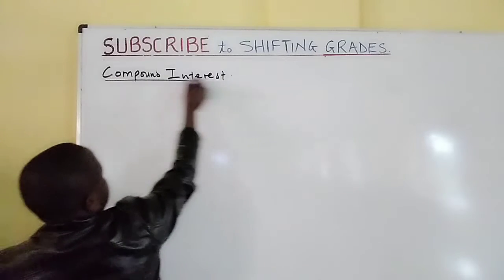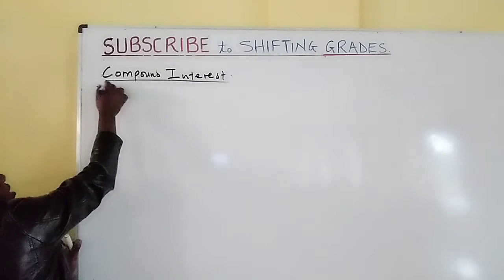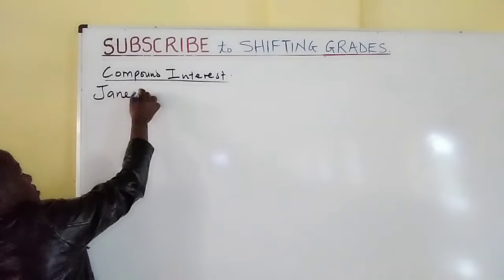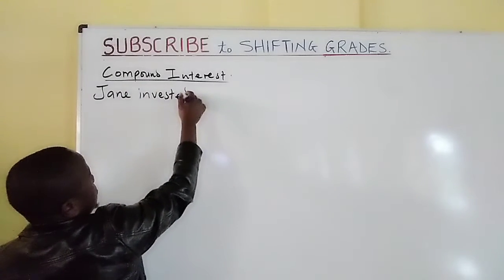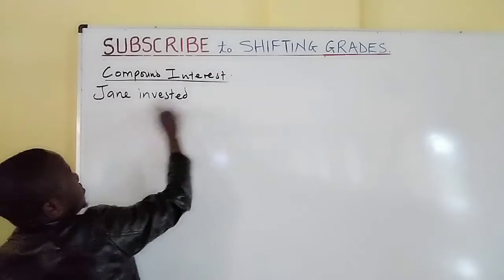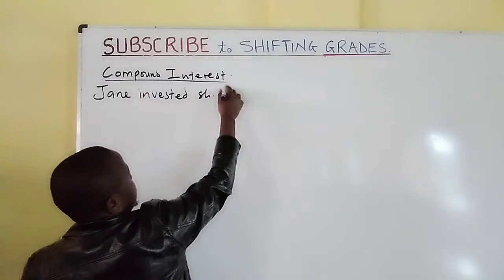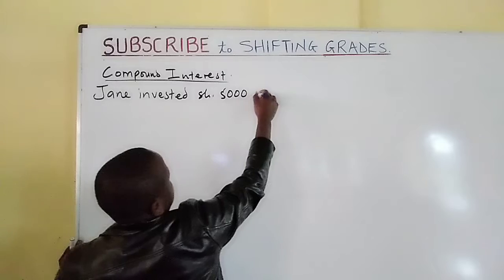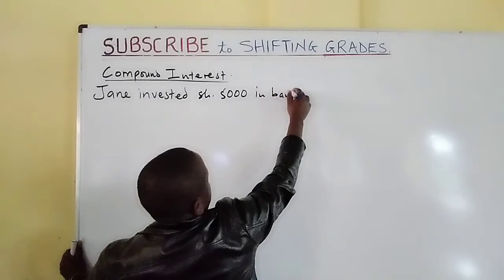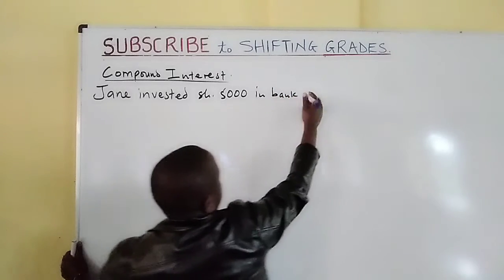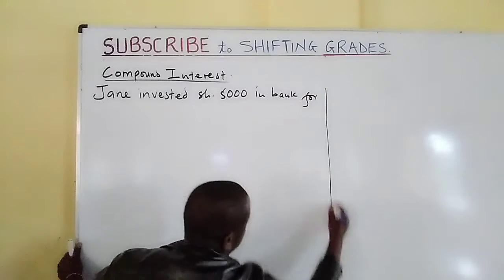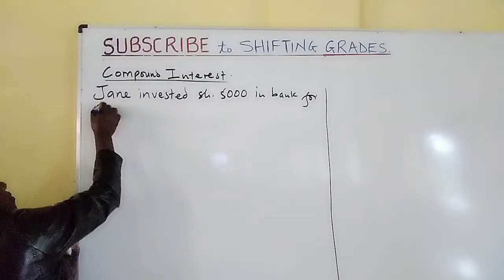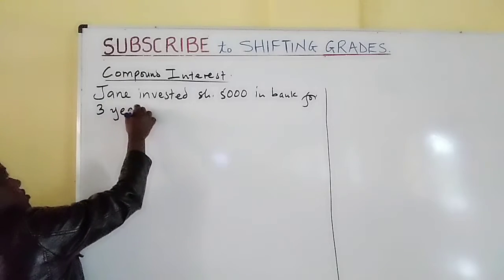This is where I'm saying, for example, Jane invested 5,000 shillings in a bank for 2, or let's say for 3 years.